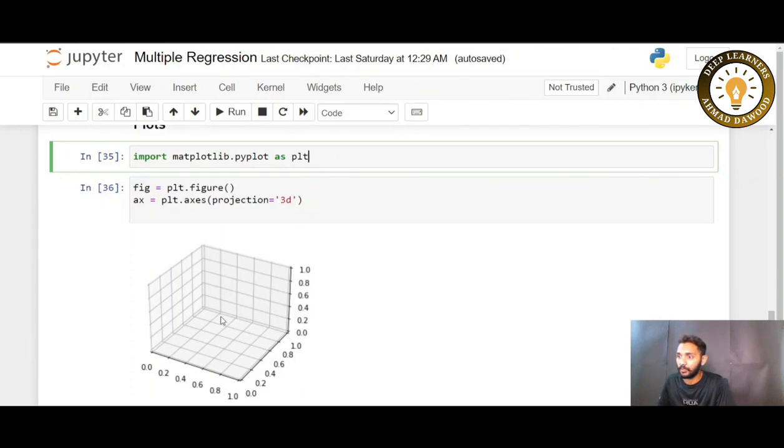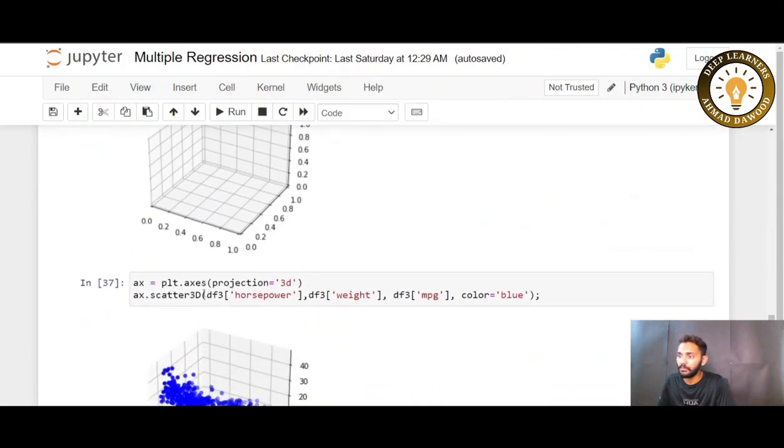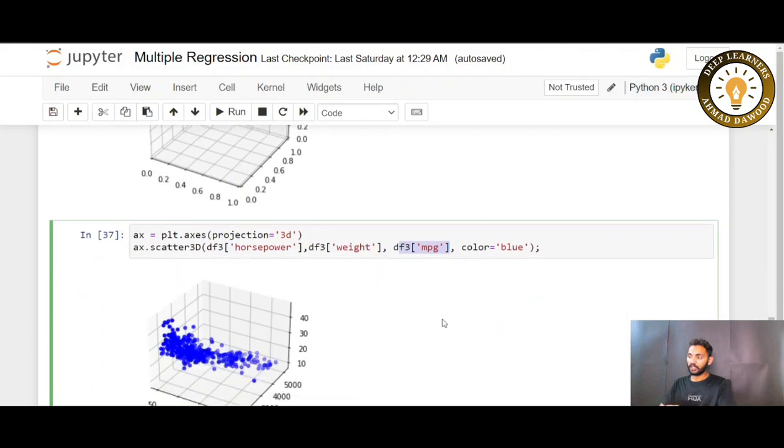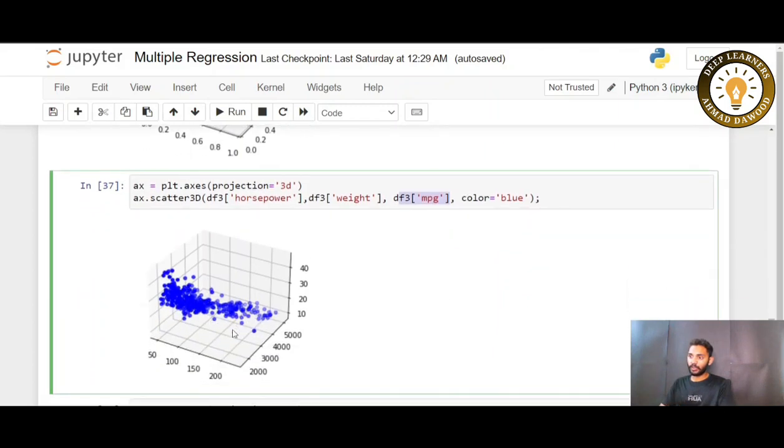Here the projection is 3D. I am using the scatter 3D function of matplotlib and passing three variables, first x, y, z. The color is blue.